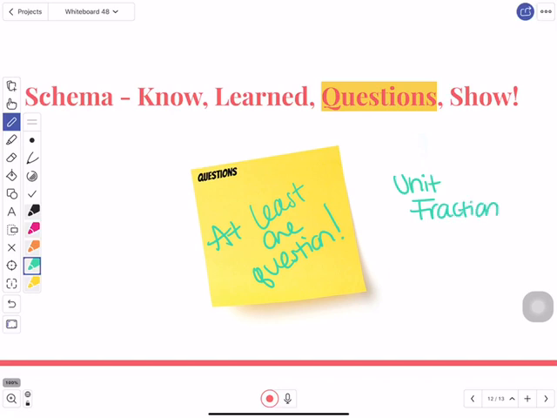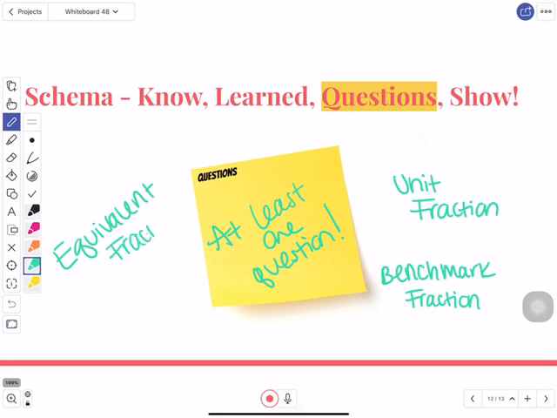Maybe you're wondering what a benchmark fraction is. Maybe you're wondering what equivalent fractions are. Come up with a question, write it down, and then go stick it up on the questions poster.